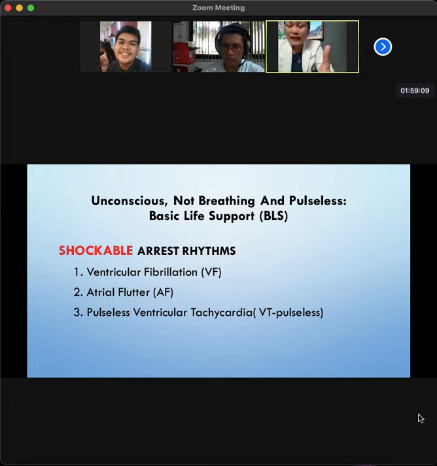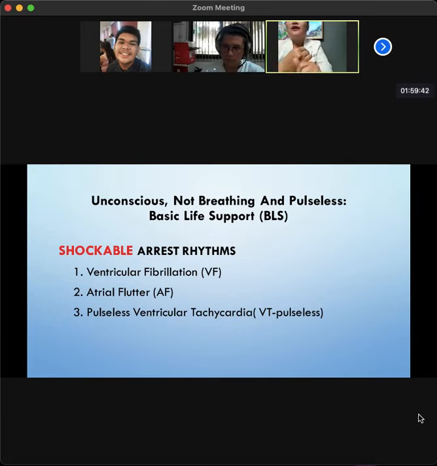Basta, once you have checked the pulses and then you ask for help and then you started CPR once you have noticed that your patient has no pulse, not breathing and unconscious, and then after 5 minutes, the help already has arrived. Then hook the patient to monitors and then check for the rhythms. Okay. Once you have checked for the rhythms, is the patient's ECG rhythm normal or abnormal?